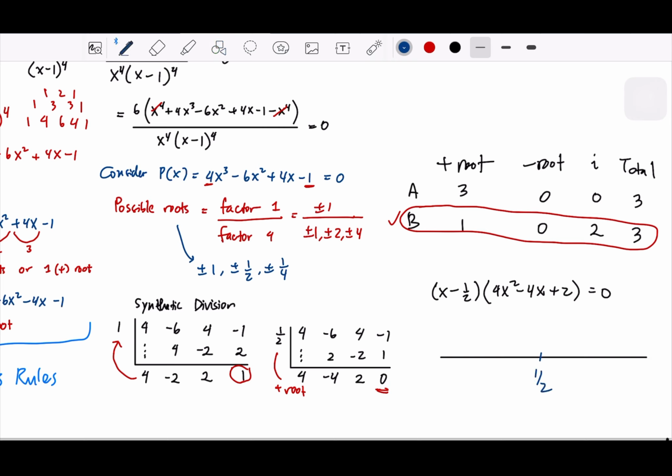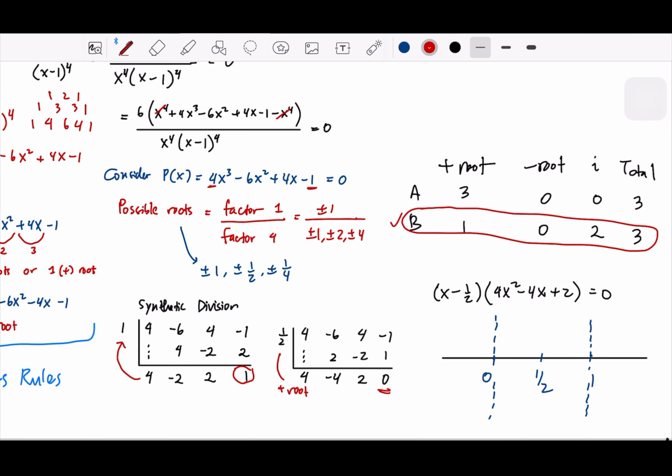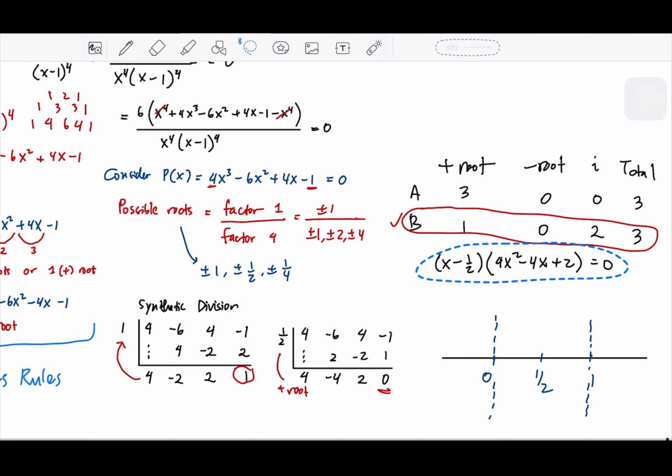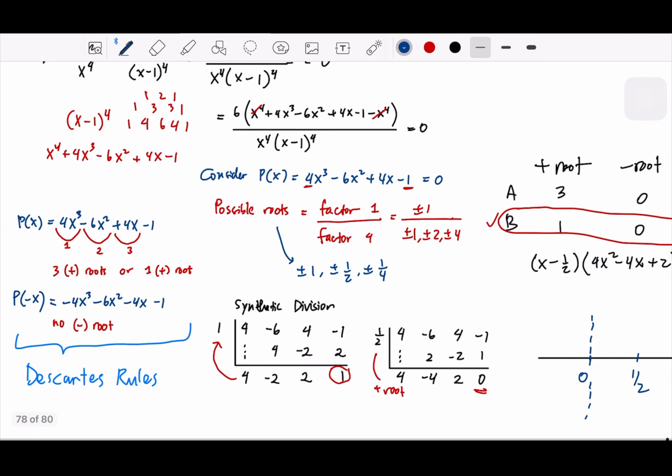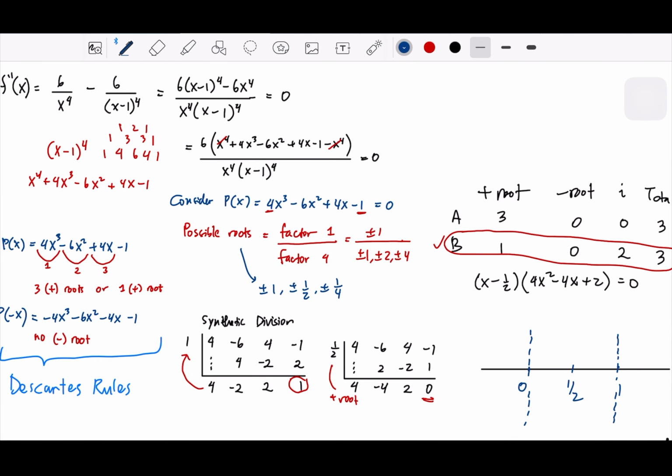And also maybe put 0 and 1 as our vertical asymptotes. And then we need to check the second derivative. Where is my second derivative? There.